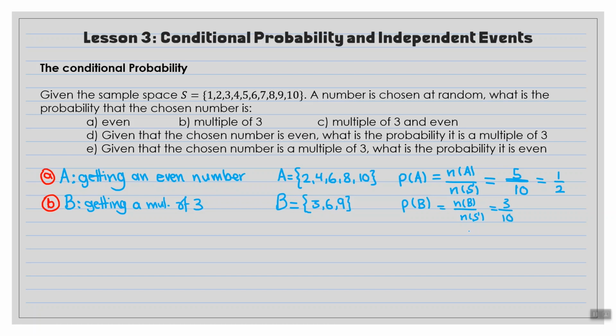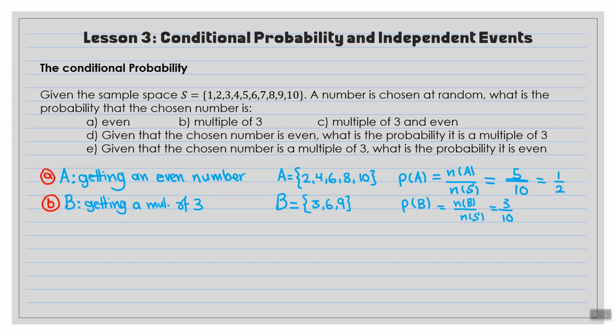So there is a chance of 30%. If you put your finger on one of the numbers from 1 to 10, closing your eyes at random, there is a chance of 30% that the number you have chosen is a multiple of 3.